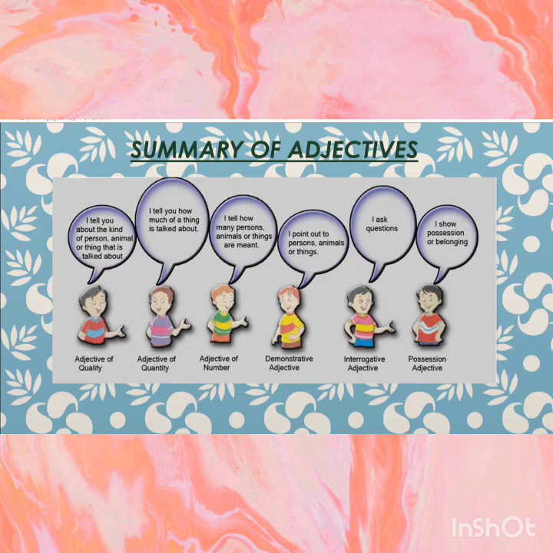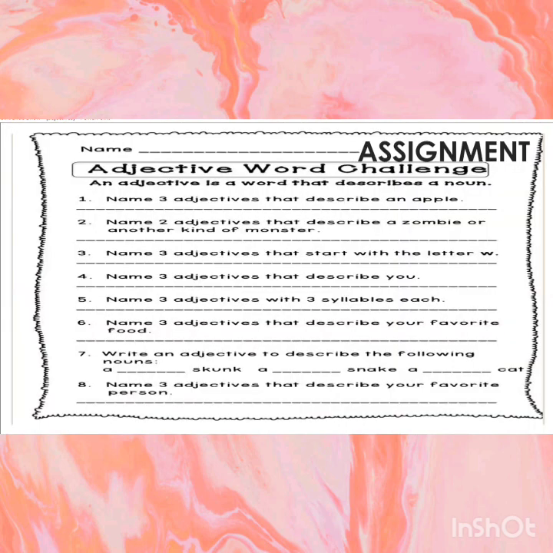That is possessive adjective. So there is a small assignment which is given to you and shown here, in which you have to put the adjectives, and that's a word challenge for you. An adjective is a word that describes a noun. You have to name 3 adjectives that describe an apple.